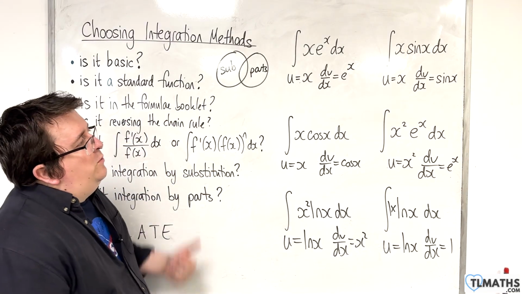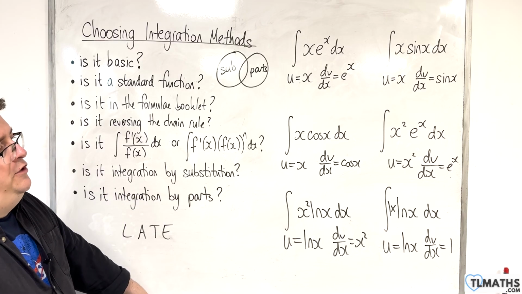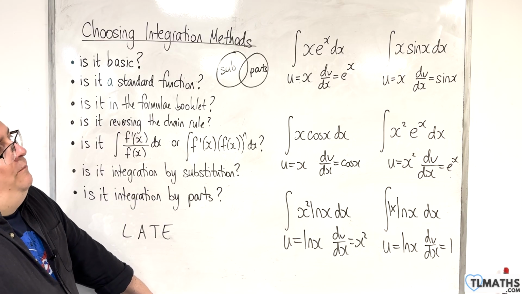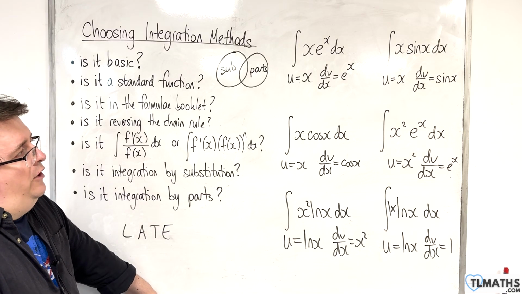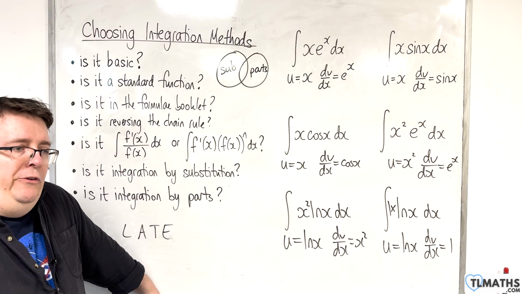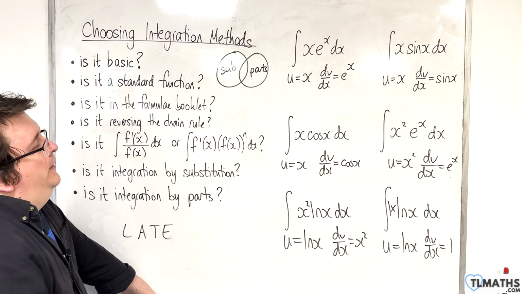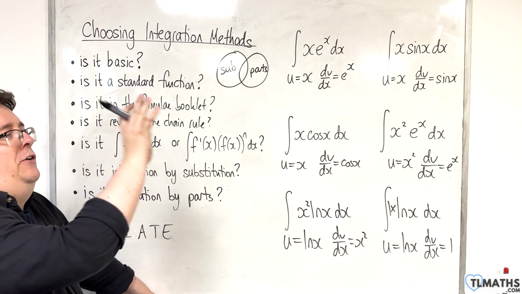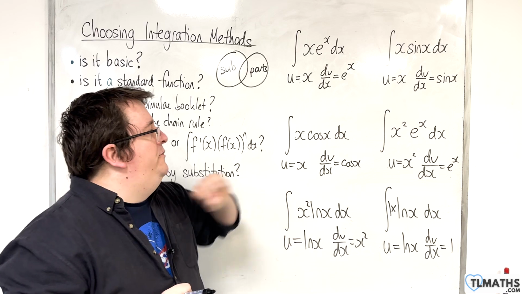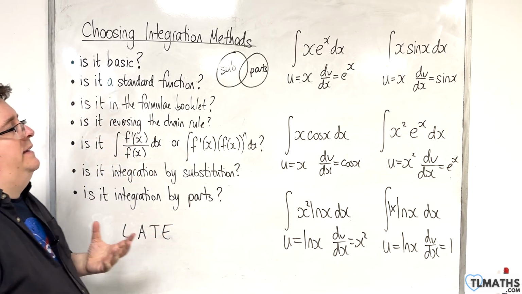Now you might still be going, well, but how do I identify it's integration by parts? Well, I've said that there are these archetypal ones that you should be able to spot straight off the shelf. x e to the x, or x e to the 2x, or x sine 3x, or x cosine 5x, or something like that.